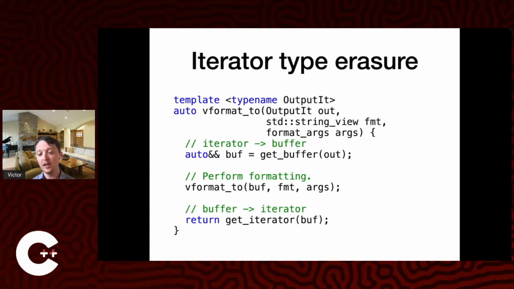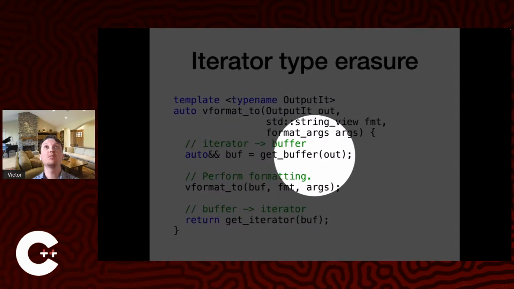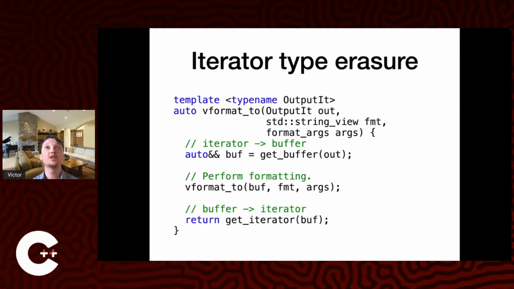Okay. So bformat2 is essentially implemented like this. Kind of a simplified implementation. So we take an output iterator, we construct a buffer from it, one of the buffer types that I just mentioned.